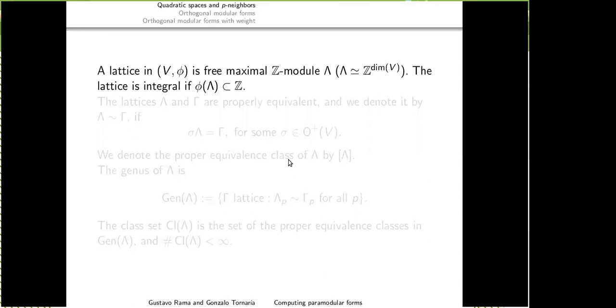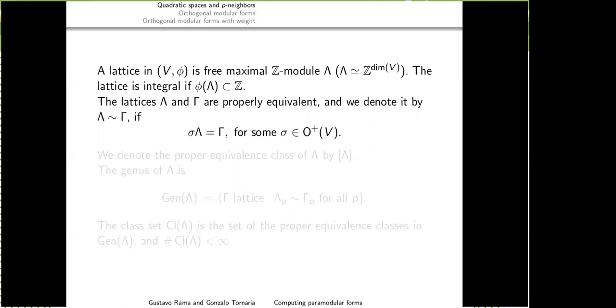The lattice is integral when phi of lambda is included in Z. Two lattices are properly equivalent, and we denote it by lambda tilde gamma, if we have some proper autometry of our space that sends one lattice to the other.